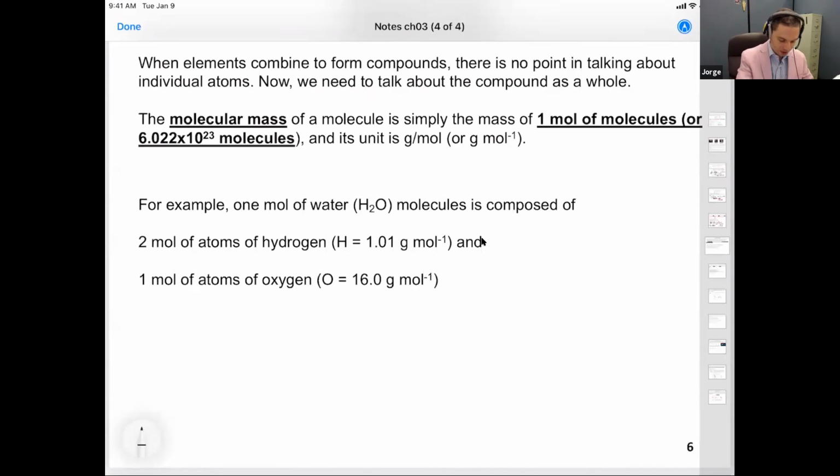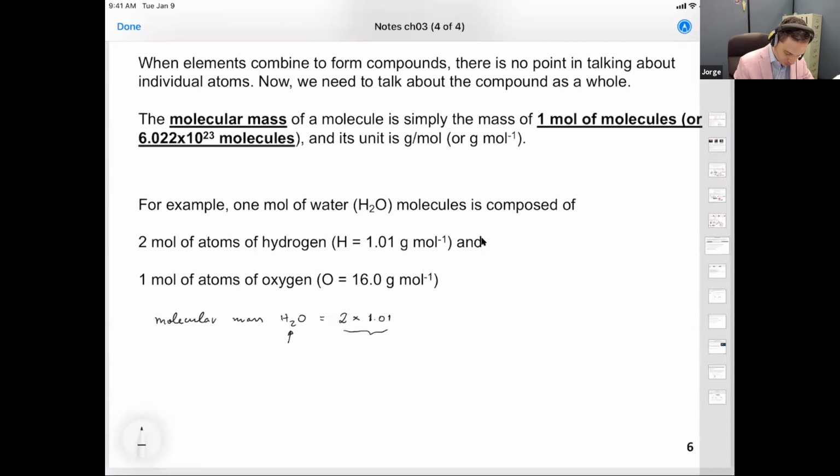Let me switch, sorry about that, to my other screen. Okay, great. So the molecular mass for the water, we are going to factor everybody that's contributing to the formation of the compound. So here we have 2 atoms of hydrogen, or better saying, 2 moles of atoms of hydrogen, and each mole of atoms of hydrogen has an atomic molar mass of 1.01. Okay.